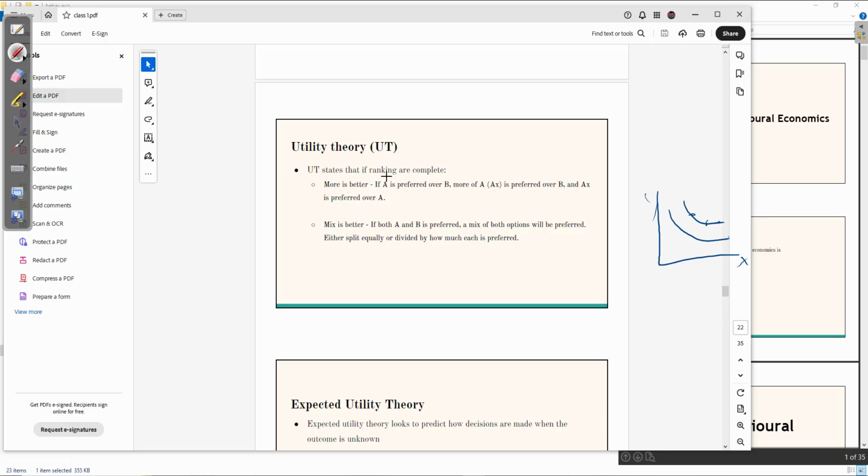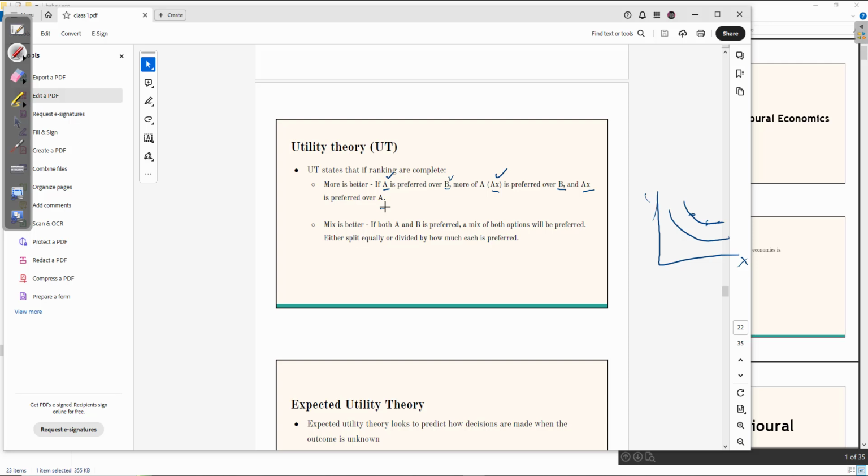So A is one combination, you can say. AX is another combination where the quantity of A is more than A. And then B is obviously a bundle, so if A is preferred over B, AX is also preferred over B, and AX is preferred over this lesser A bundle also. So more of A is preferred over less of A, you can say.